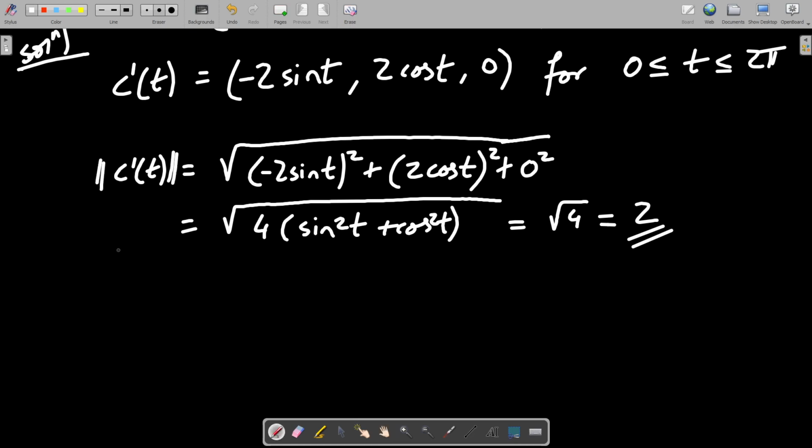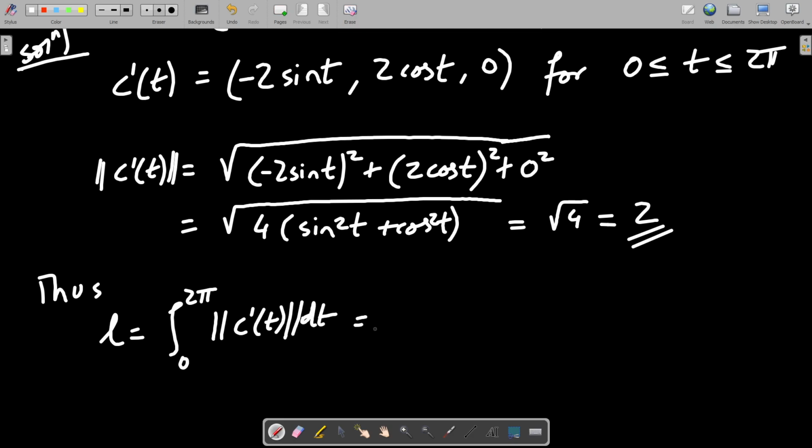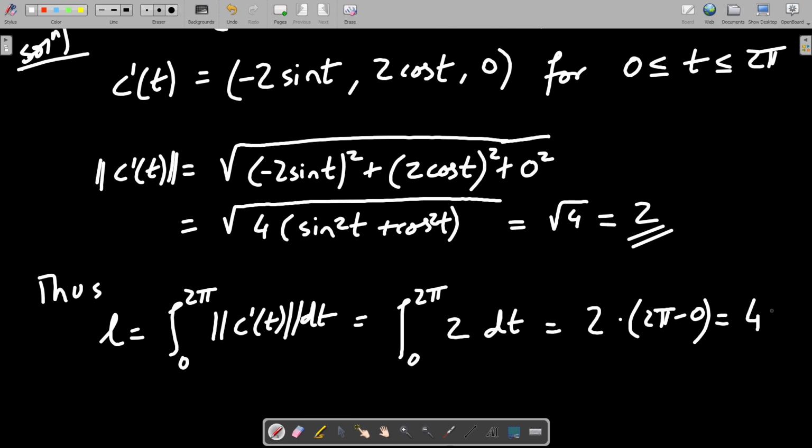Thus the length is equal to the integral from 0 to 2 pi of 2 dt. This will become equal to 2 into 2 pi minus 0, that's equal to 4 pi.